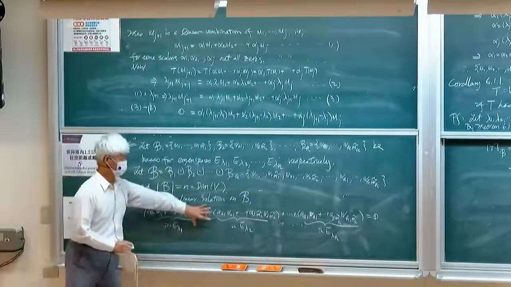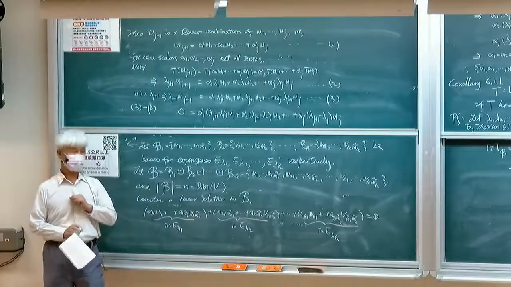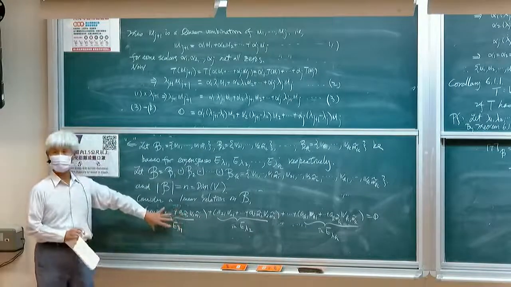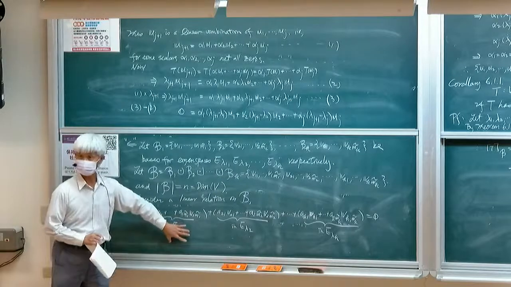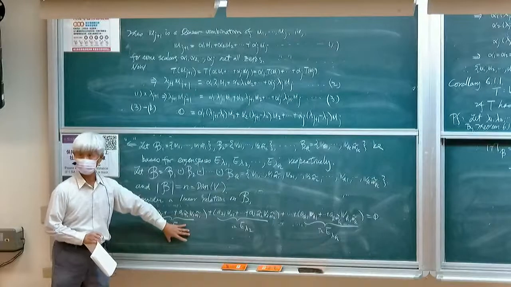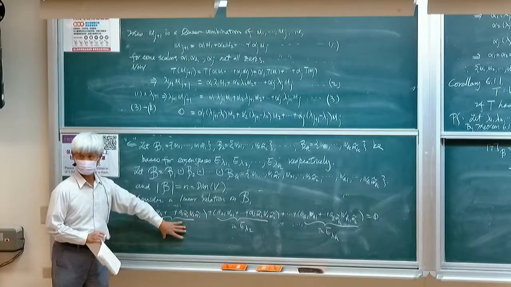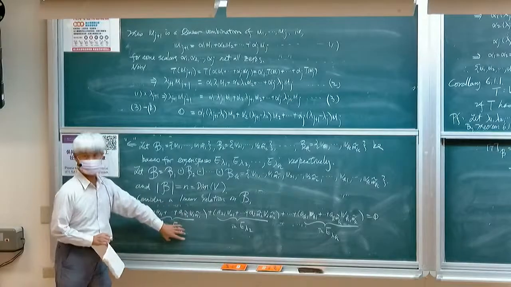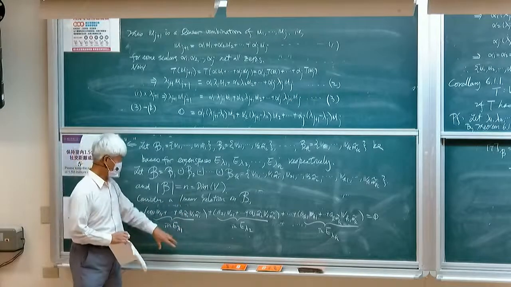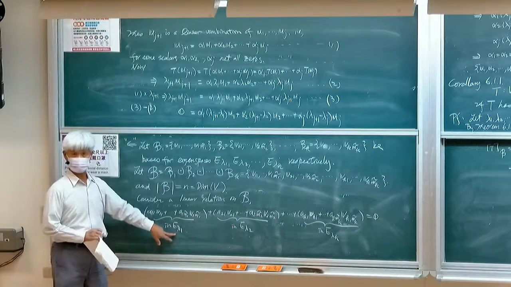If any of them is non-zero, then it must be an eigenvector. If this is non-zero, it must be an eigenvector associated with lambda 1.